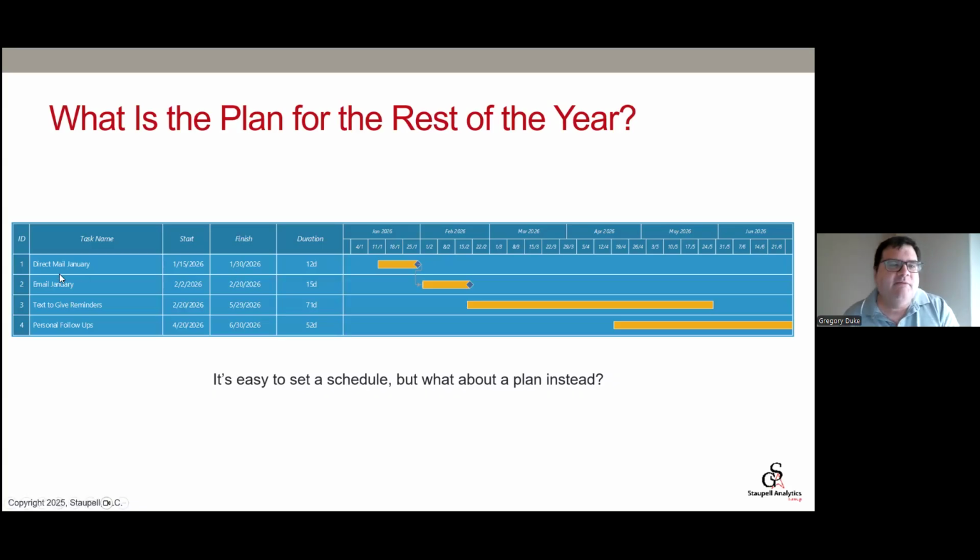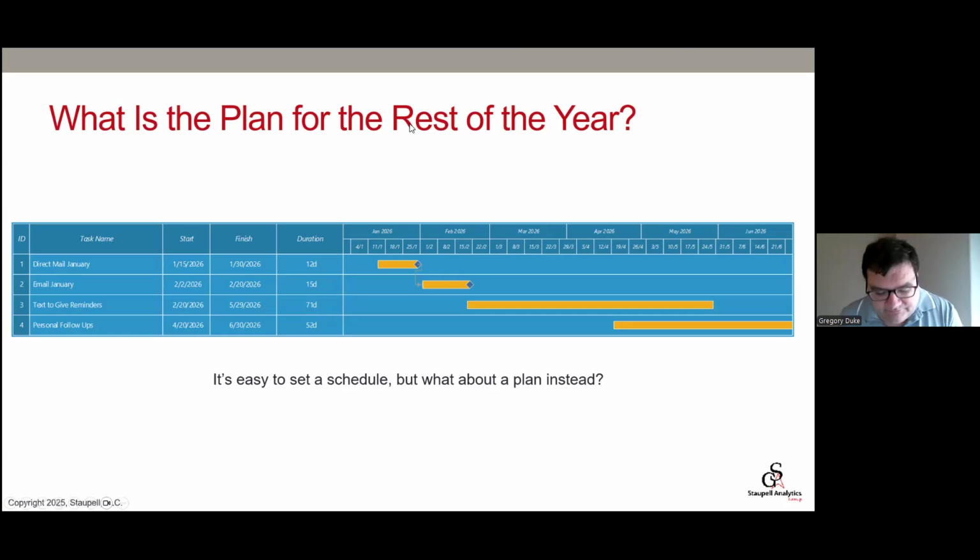Maybe in the past, we have done a direct mail piece in January, followed by an email blast, doing text to give over this period, and then personal follow-ups near the end. So we can set that kind of schedule, but maybe we need to take a look at what has worked in the past and what hasn't, and where we've gotten our gifts from.